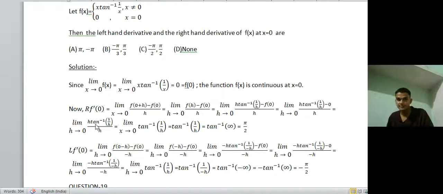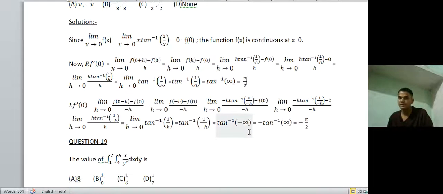When h approaches 0, this is tan inverse 1 by 0, which is tan inverse infinity, equal to pi by 2.